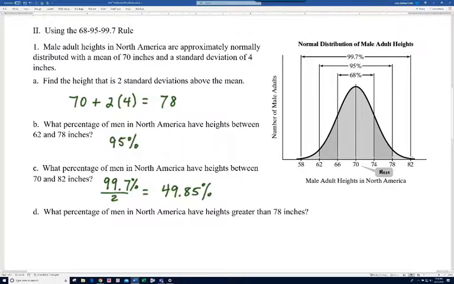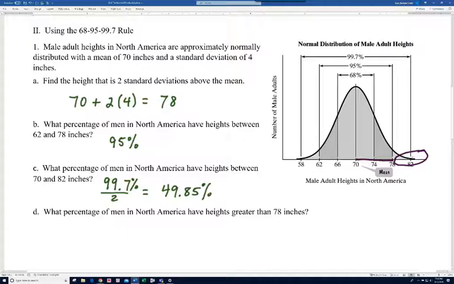It says, what percentage of men in North America have heights greater than 78 inches? Well, 78 is 2 standard deviations above the mean. We want to know how many people are out here. Well, again, we got to get there in a roundabout way with just a little bit of thought.